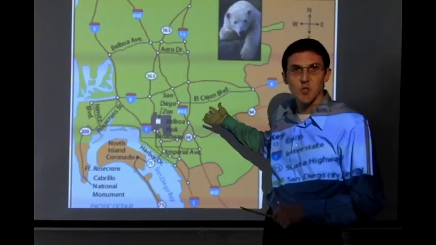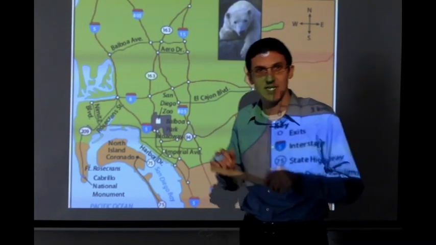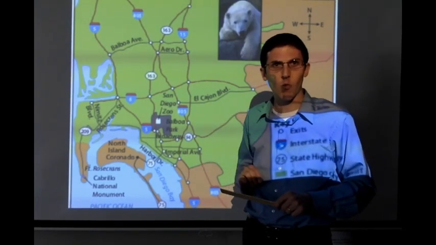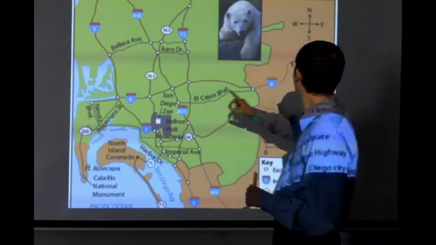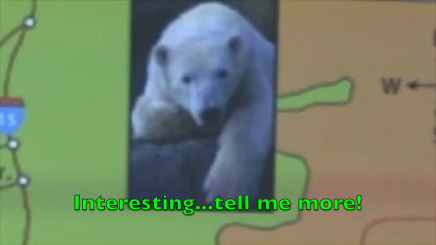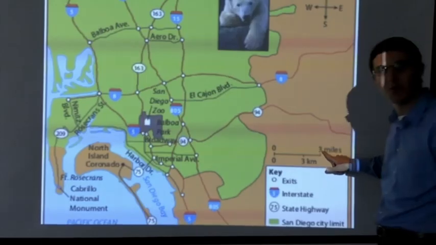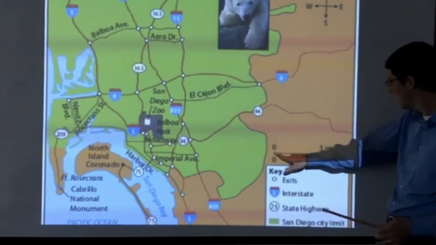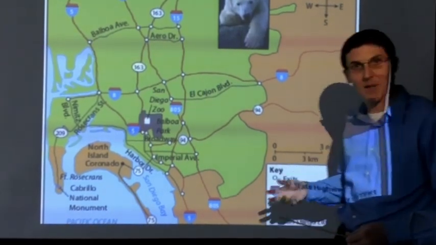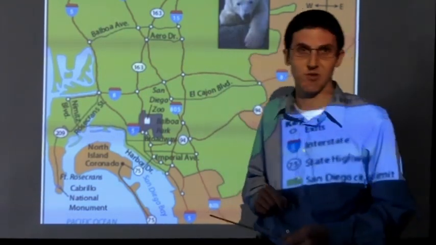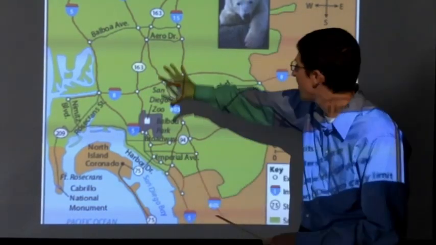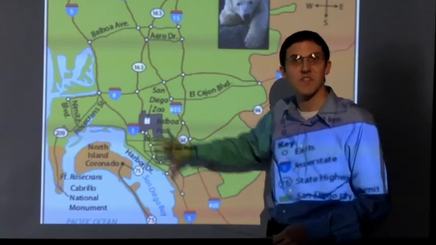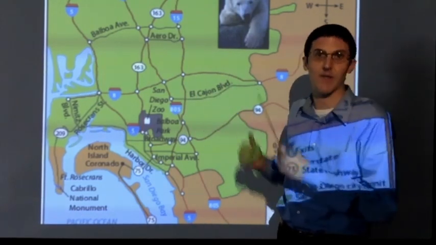Once we get to the zoomed in map of just the city of San Diego, do you notice how once again the map scale has changed? It went from 40 miles in the last map to now only 3 miles, covering that same amount of ruler space. That's because there's a smaller area of space being shown on this map.